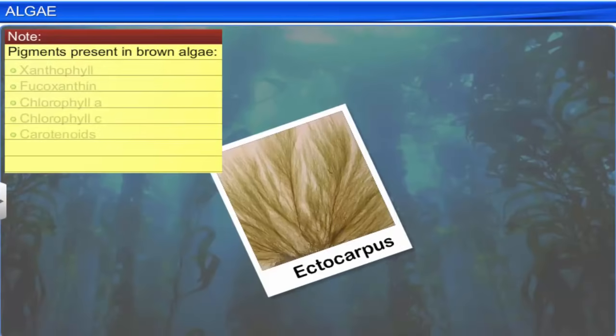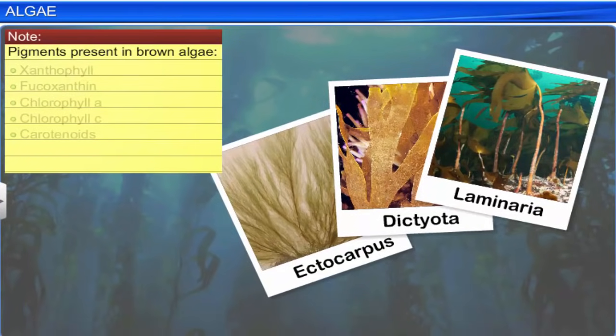They also vary in color due to the varying concentration of the pigments, xanthophylls and fucoxanthin. Apart from these pigments, chlorophyll A, C, and carotenoids are the other major pigments found in brown algae.